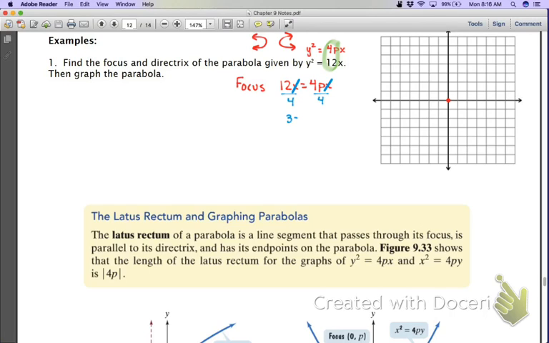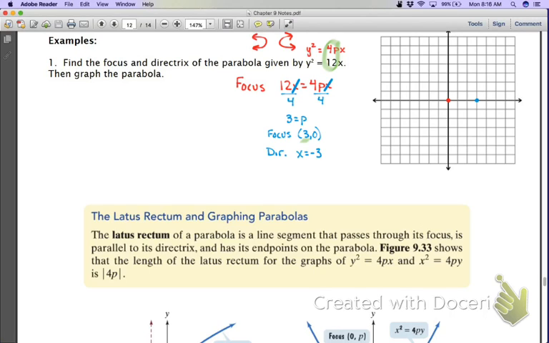So 3 is equal to p. All that means is my focus is at point 3, 0. That means I'm going to have a point at 3, 0. That means my directrix is x equal to the opposite of whatever that value is.